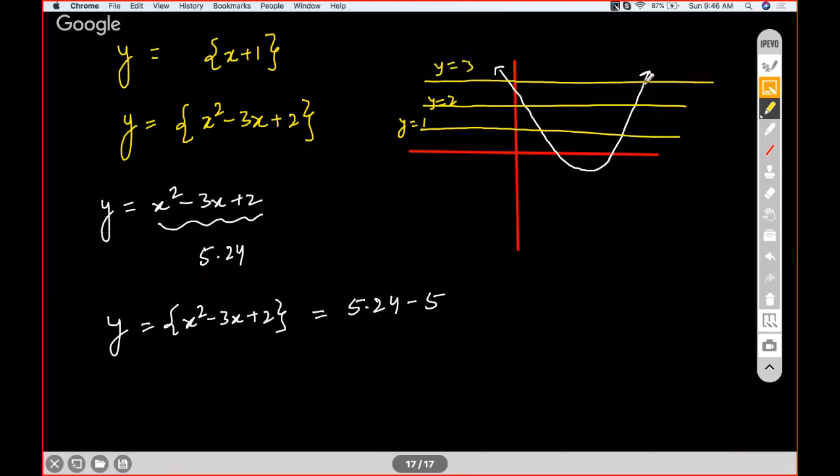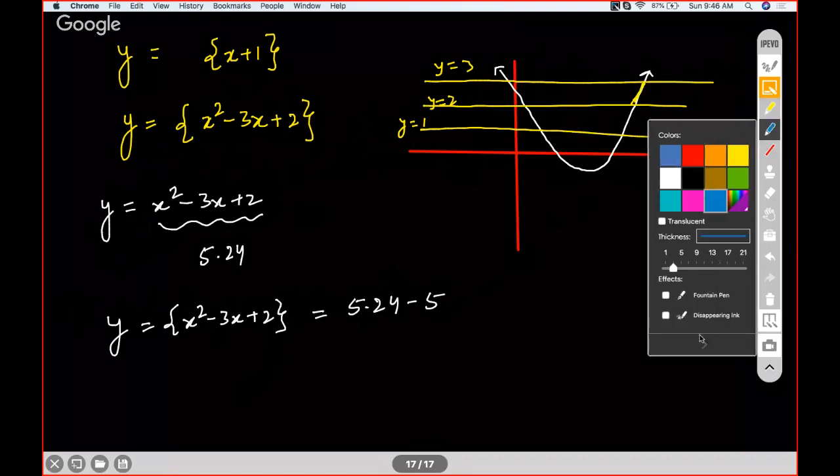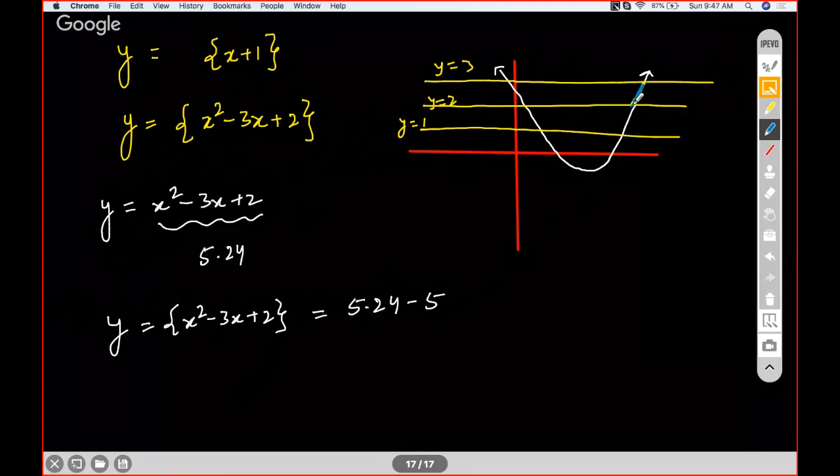Any value in this zone, its value should be brought down by how many units? Let's say this value is 2.6. It should be brought down to 0.6.